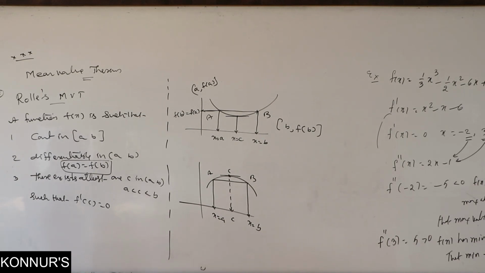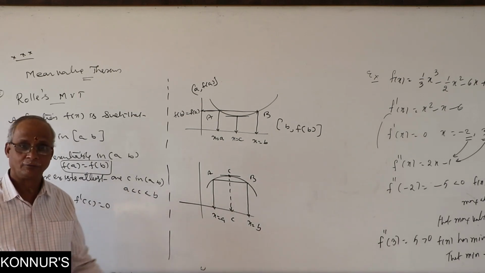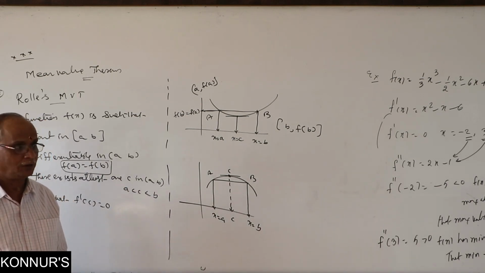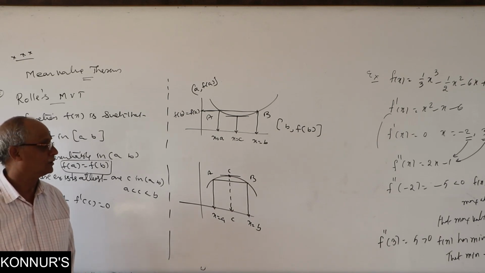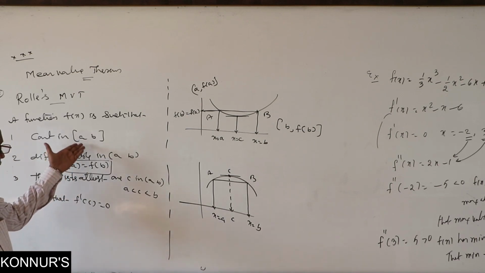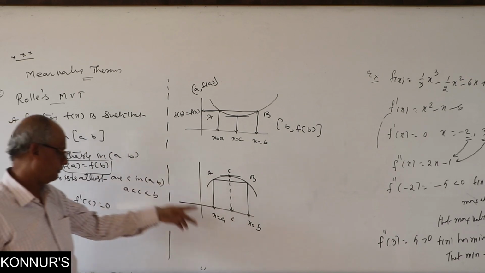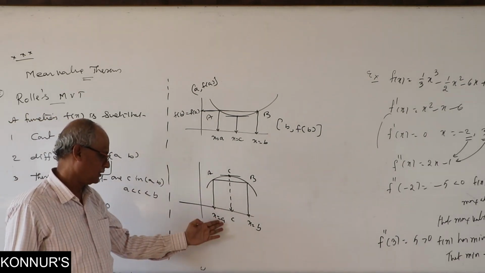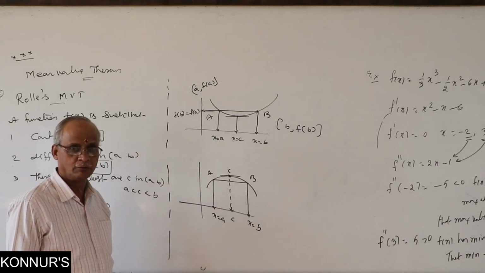In 90 percent of the problems, the majority of the problems, c happens to be the midpoint of AB only. Okay, which is a very simple technique. You can do this in 1 mark questions without doing all these things. Whatever interval they give, find a, b, substitute f(a); anyway they are equal. What is (a plus b) by 2? It is the midpoint.